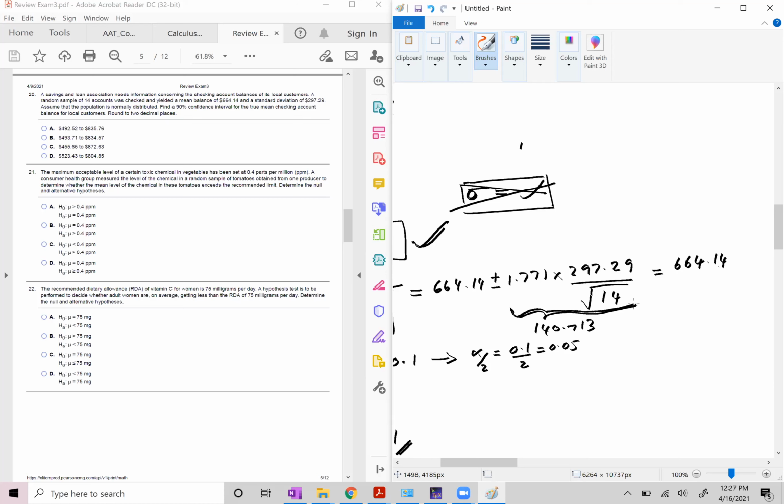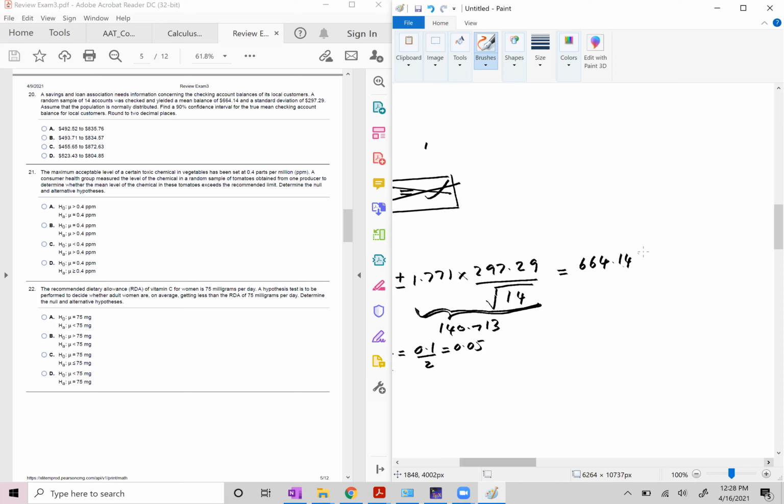So you calculate this part separately, add it to this, and subtract it from this. You will get the two values of your interval estimate. So let me write it now: 664.14 plus or minus 140.713, which will give me the two values, 523.426 to 804.